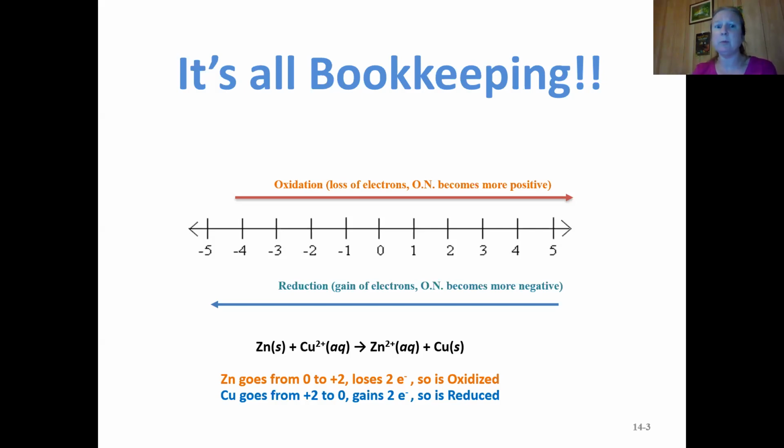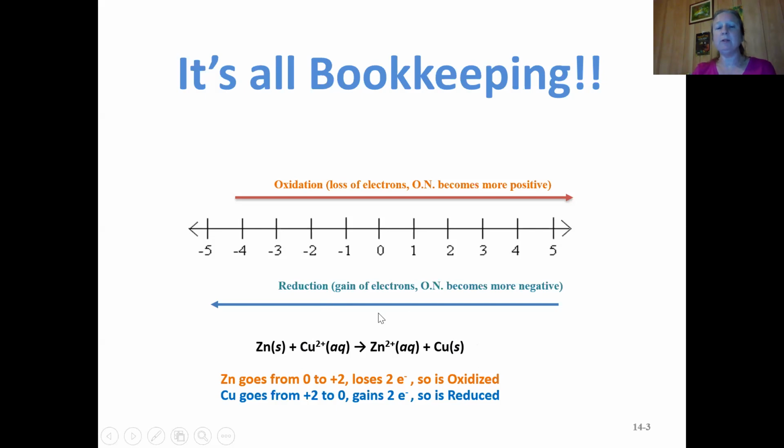And the other ones aren't that much more complicated. So you have an ion, a simple ion. Your oxidation number of this copper is 2+ because it's the ionic charge. Over here, your copper is a pure element, just copper. Therefore, it's 0. It's kind of in a perfect state.